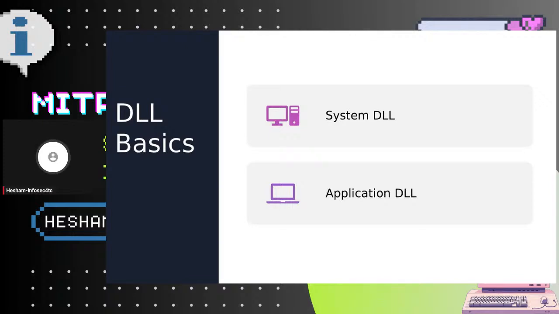The application DLLs are specific to individual software applications. They contain code and resources that are used by particular programs. So the developer creates these DLLs to provide a specific function to his application. For example, maybe we have something called an image processing DLL, which is going to handle and process the images. That's basically the difference between system DLL and application DLL.